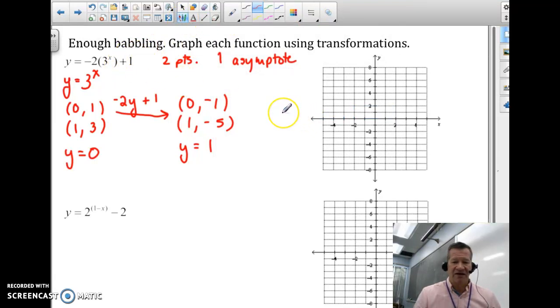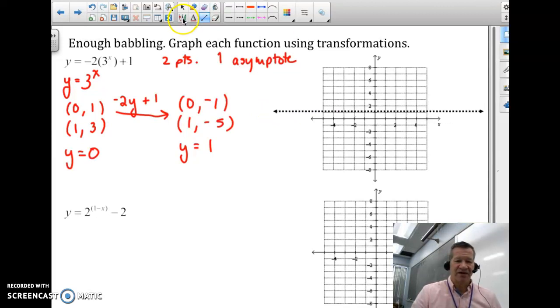So my horizontal asymptote now, instead of being at y equals 0, is going to be at y equals 1. Let's try this again. There we go, that's better. And my points, instead of being at (0, 1) and (1, 3), are going to be transformed to (0, -1) and (1, -5).